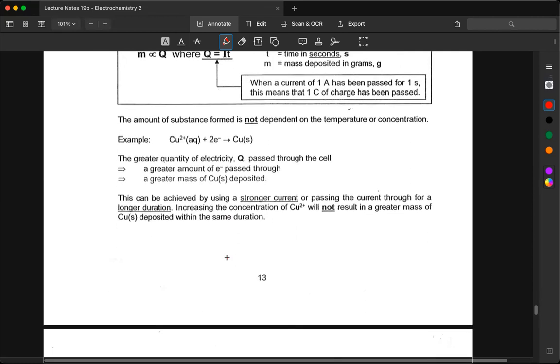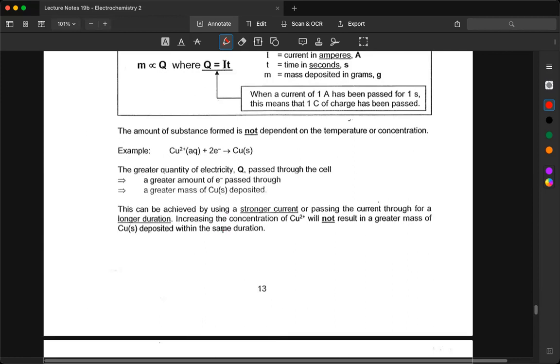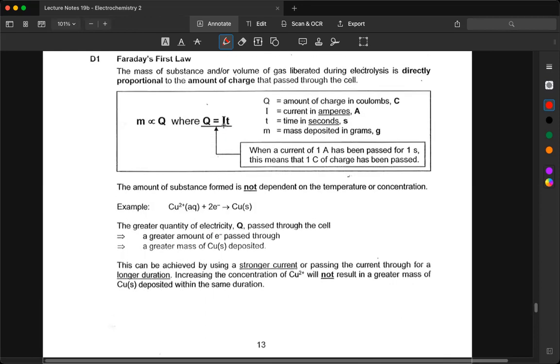Increasing the concentration will not result in a greater mass of copper. So if you really want more copper, the only way is to use a higher current or a longer duration, because these two quantities will increase the amount of charge, which is related to the mass of the deposited metal.